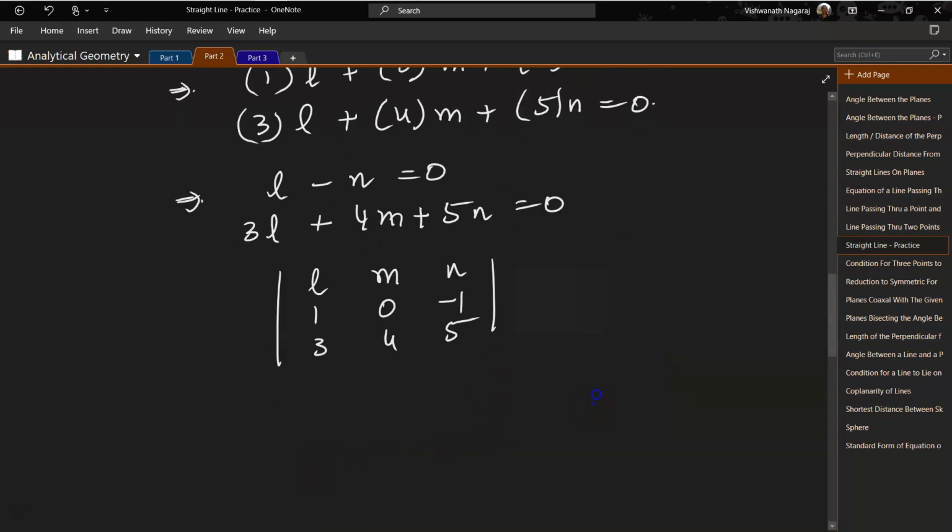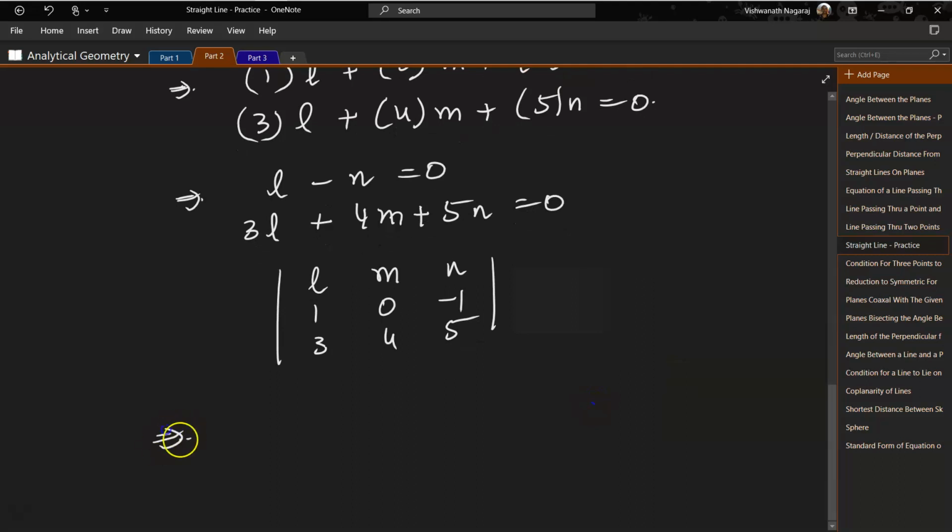When we solve it, we get L by 0 minus into minus plus 4 equal to minus M by 5 minus 3 times minus 1, so minus minus plus, so plus 3, is equal to N by 4 minus 0.